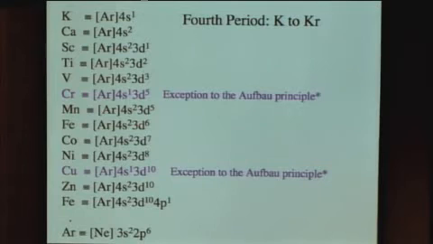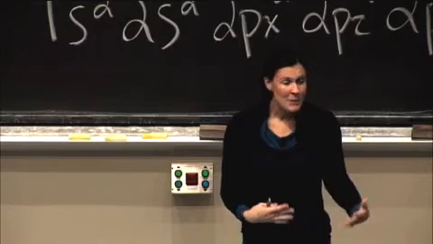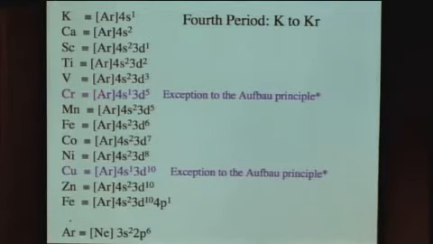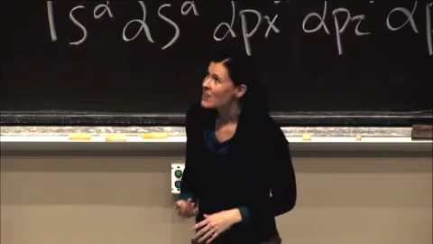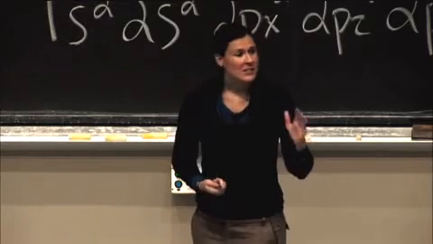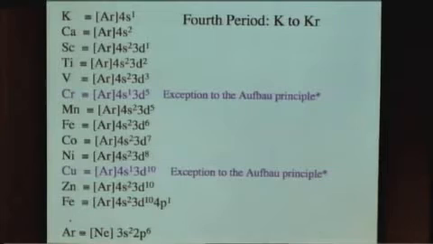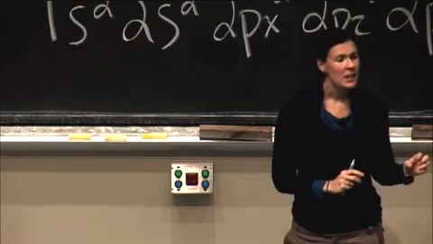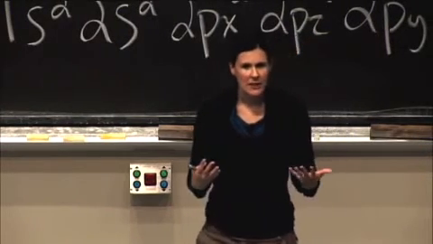And the problem comes when we get to chromium here. Instead of what we would expect, 4s2, 3d4, what we see is that instead it's 4s1 and 3d5. So this is the first exception that you need to know to the Aufbau principle. The reason this is an exception is because it turns out that half-filled d orbitals are more stable than we could even predict.